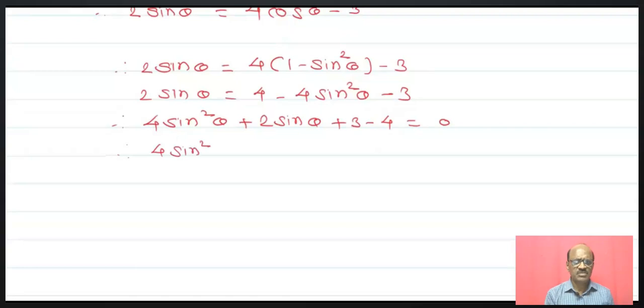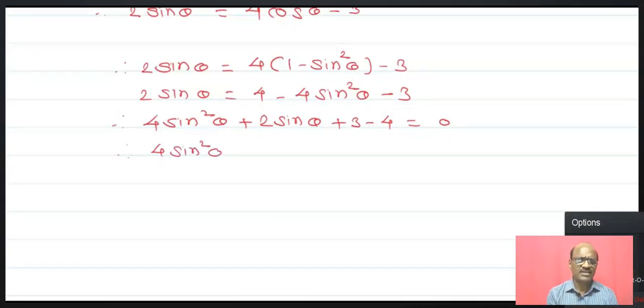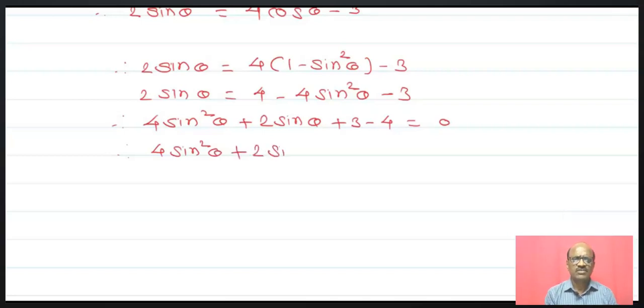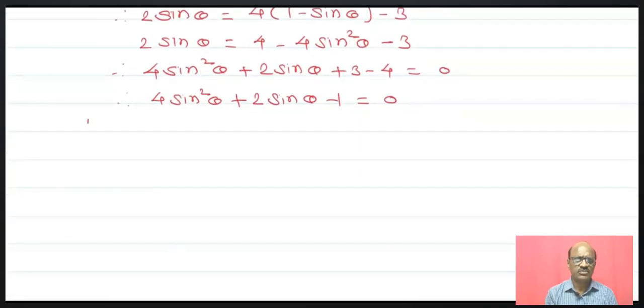Normal simplification. Therefore, 4 sin square theta plus 2 sin theta minus 1 equals 0. Now this is the quadratic equation in terms of sin theta.